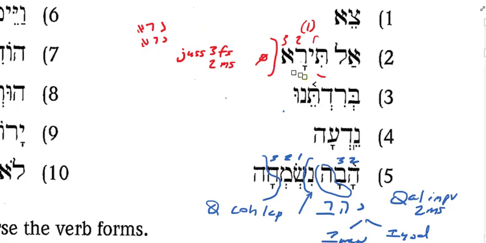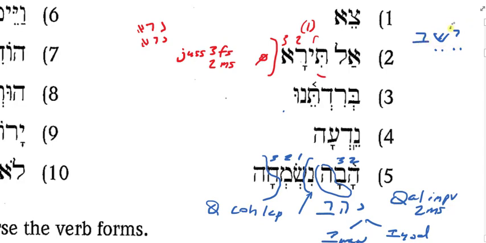What happens here? This is what one yod verbs do. One yod verbs get hireq yod for the prefix in the imperfect. One vav verbs get a tsere. Usually I get a double tsere. Okay? So just as a reminder, yashav becomes yeshev.